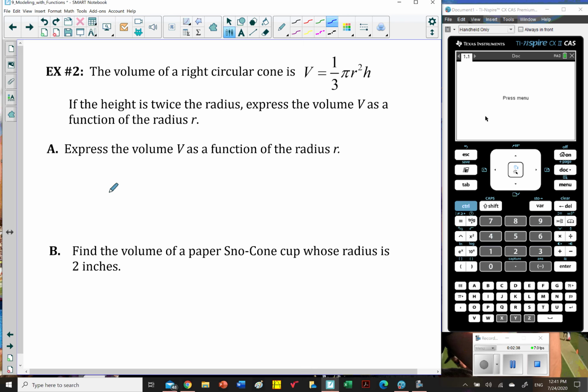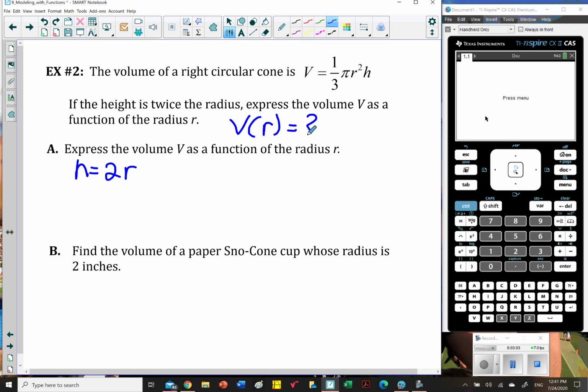This one is a volume formula. The volume for a right circular cone is 1/3 pi r squared h. If the height is twice the radius, and we want to express the volume as a function of the radius, that's telling me volume in terms of radius.